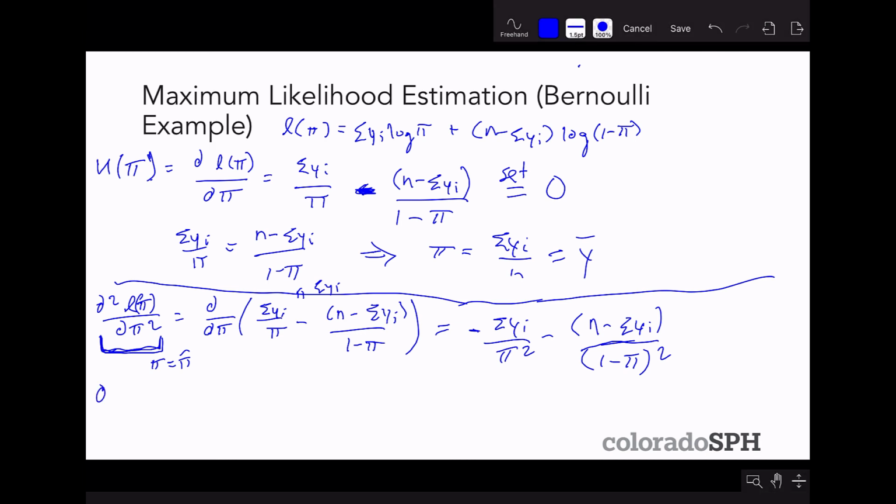So, here pi hat is the MLE, which is equal to y bar, or the sum of yi over n. And we say evaluated at pi equals pi hat.